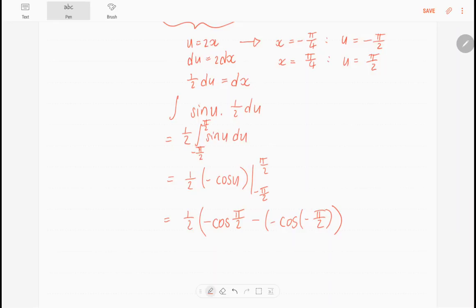And cos of pi over 2 is simply 0, and minus pi over 2 is also 0. So this entire thing is going to be 0.